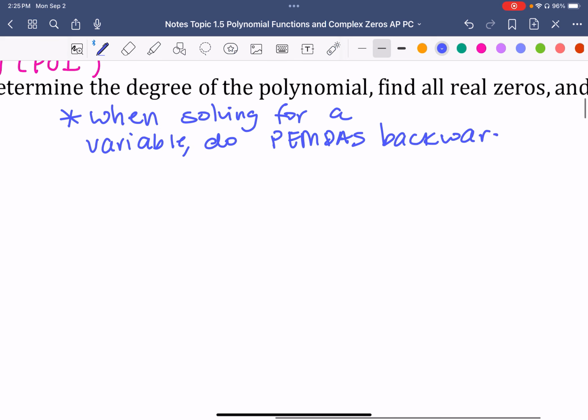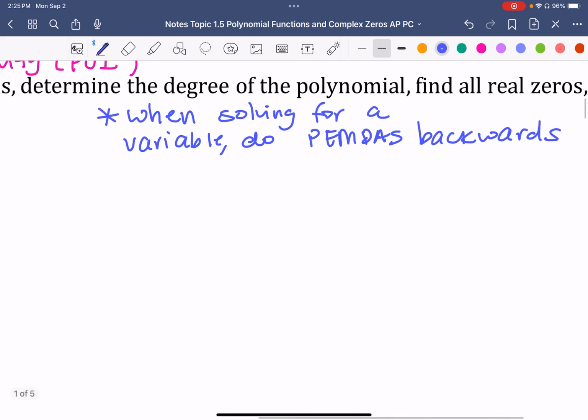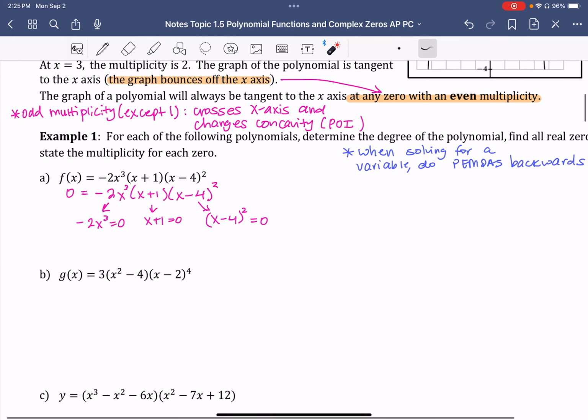So when you're simplifying, you do it forwards, but when you're going to be solving for something, you're going to do it backwards. So first, you're going to ask yourself, is there anything I can add or subtract? If there isn't anything, you're going to move on. Is there anything I can multiply or divide? Then you're going to see if there's any exponents you need to get rid of. And then finally, you're going to tackle anything that's inside of the parentheses, okay?